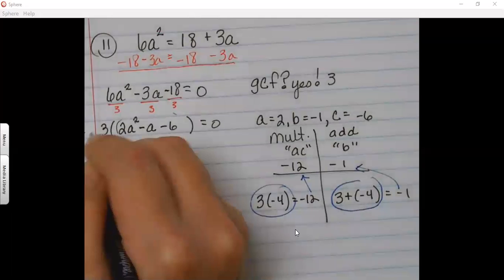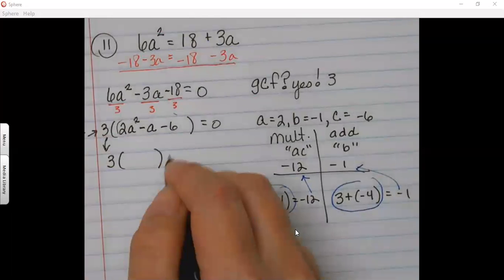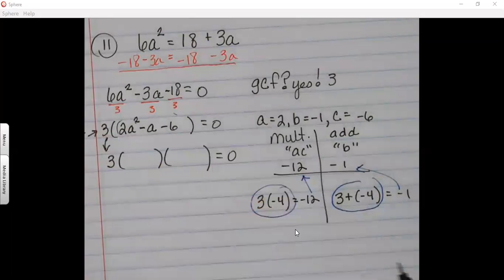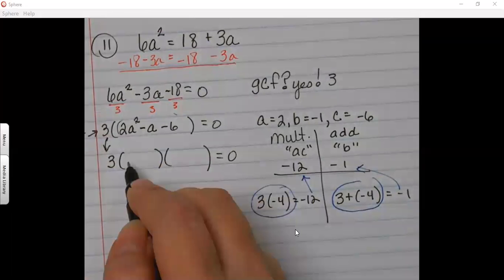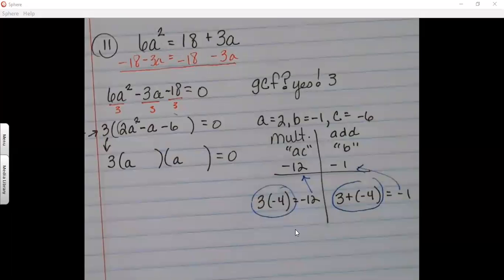Now I'm factoring the quadratic into 2 factors, so you make 2 sets of parentheses. What's the variable they're using in this problem? A. So that's going to be the first term in each set. The second term in each set comes from the T-chart, which is a +3 and a -4.